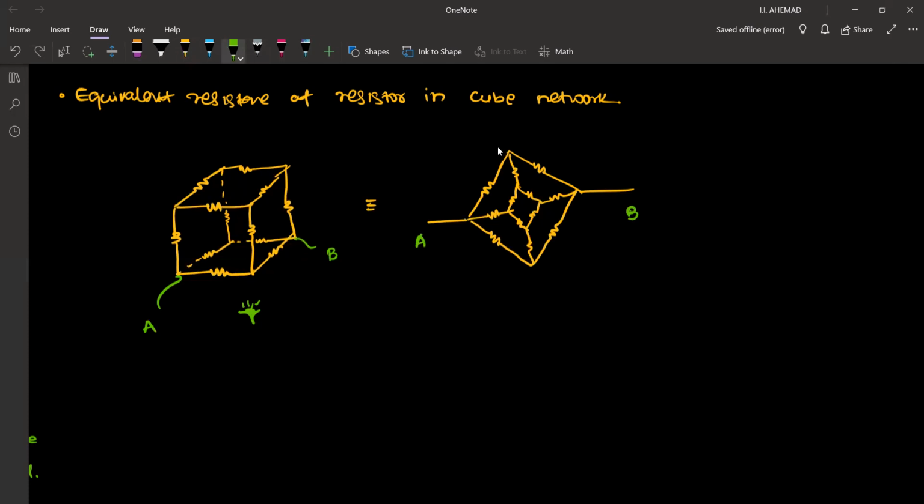Do you agree? When you look from bottom, it will look like this.